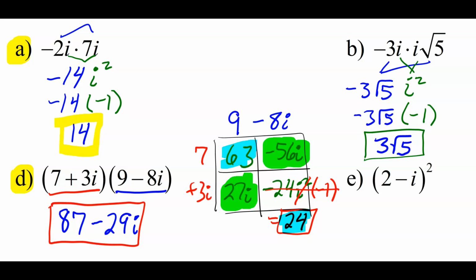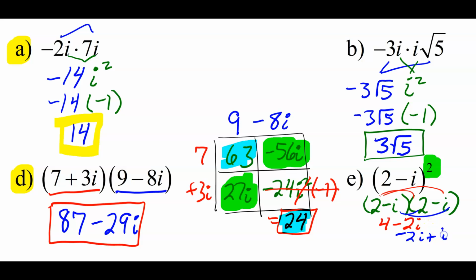On E, first step is to expand: 2 minus i times 2 minus i, because of the fact that it's squared. Then I distribute. Distribute through on the 2, 4 minus 2i. Distribute on the negative i for the second set, negative 2i plus i squared. i squared is really negative 1, so that replaces with negative 1.